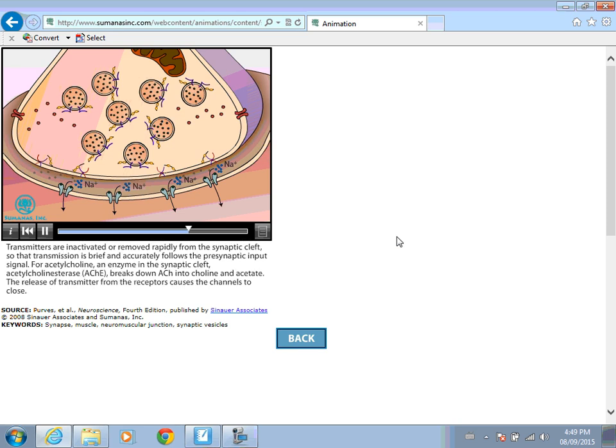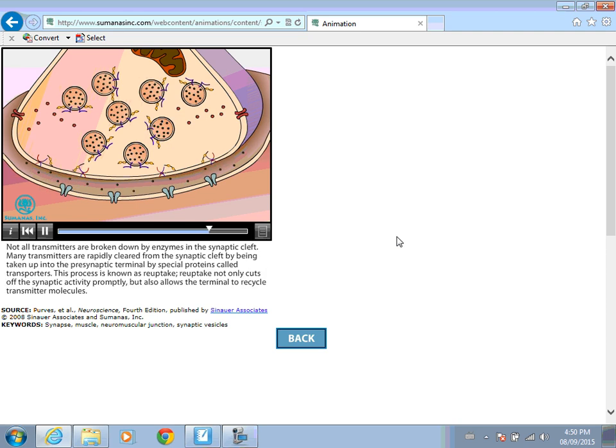Transmitters are inactivated or removed rapidly from the synaptic cleft, so that transmission is brief and accurately follows the presynaptic input signal. For acetylcholine, an enzyme in the synaptic cleft, acetylcholinesterase, breaks down acetylcholine into choline and acetate. The release of transmitter from the receptors causes the channels to close.